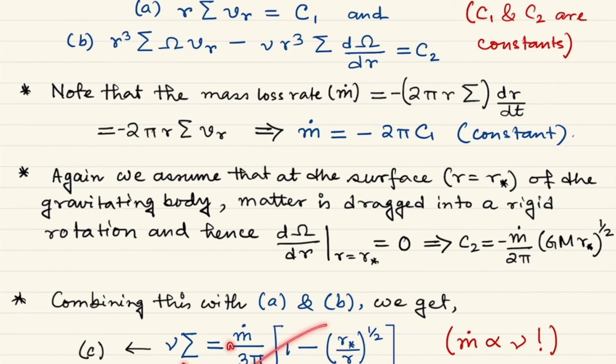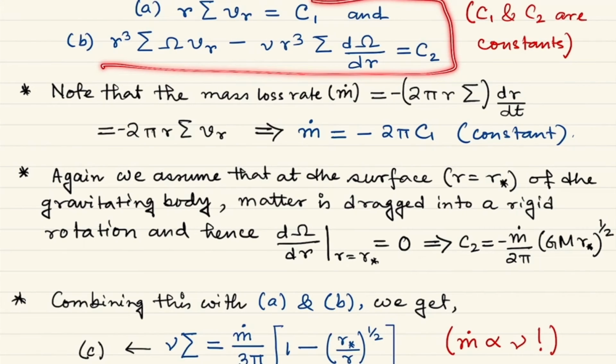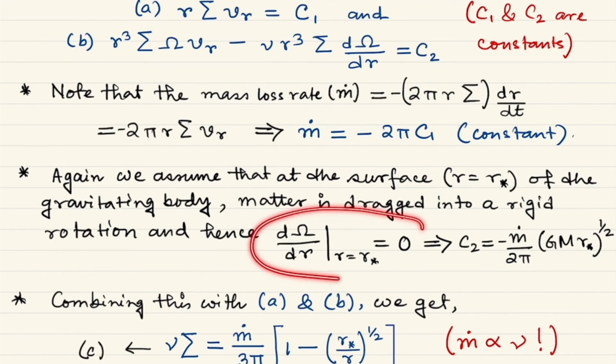So this is one result which you can show starting from these two equations. You first show this one, and then using this condition you evaluate C2. These are very good homeworks. Okay, and then putting C2 over here, you can try to derive this equation.